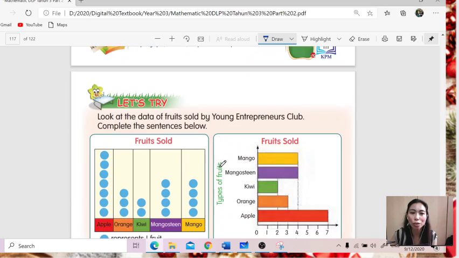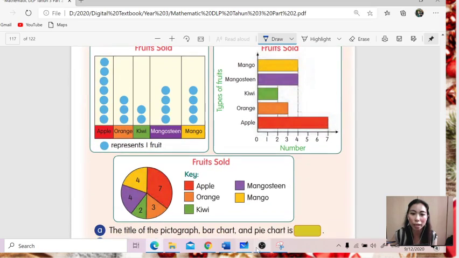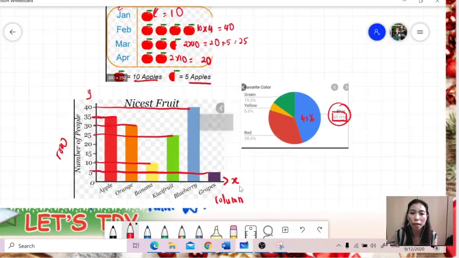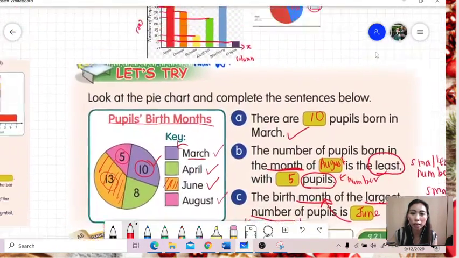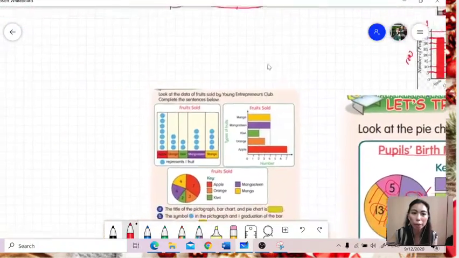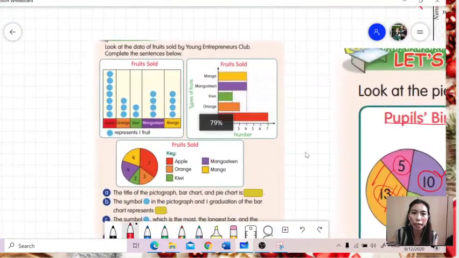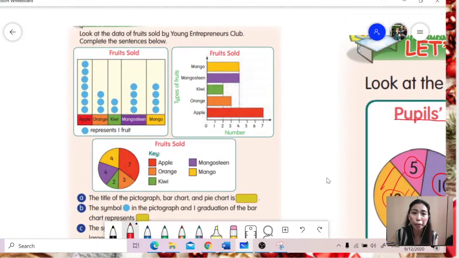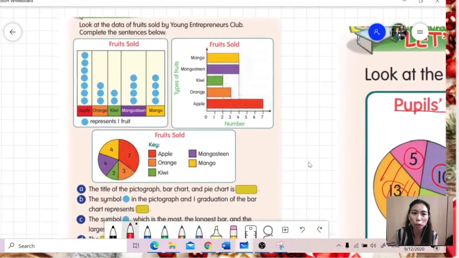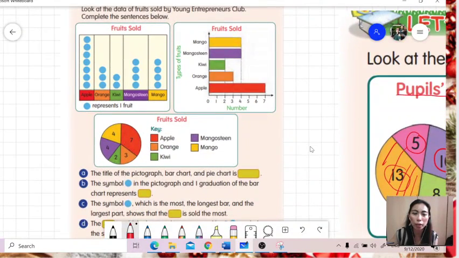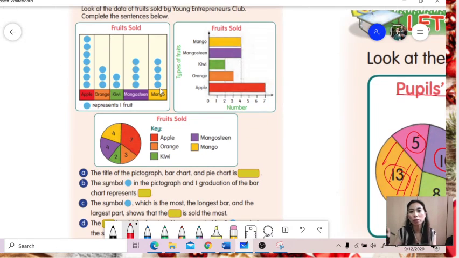So let us try. Look at the data. I have copied it down to my whiteboard. Look at the data of fruits sold by Young Entrepreneurs Club. Complete the sentences below. So they are represented by 3 types of charts.